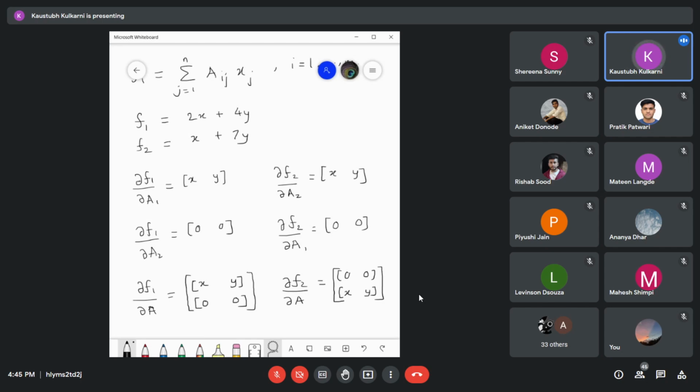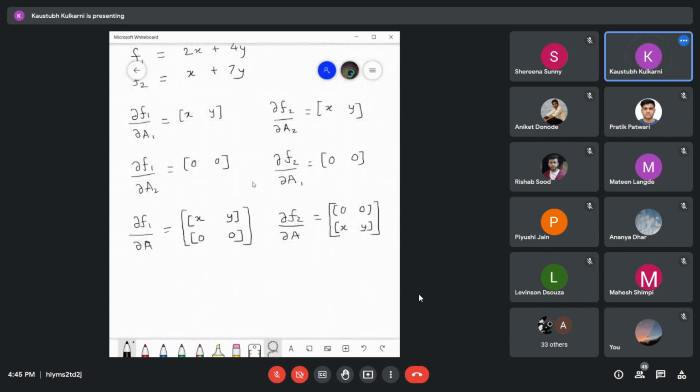And the combined final answer, that is the gradient of f with respect to a, will be these two above one another.